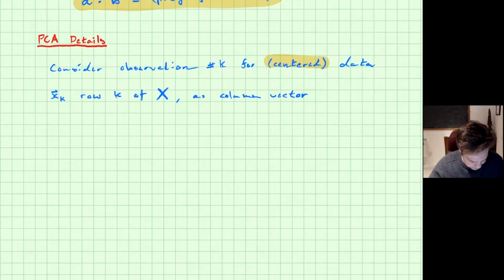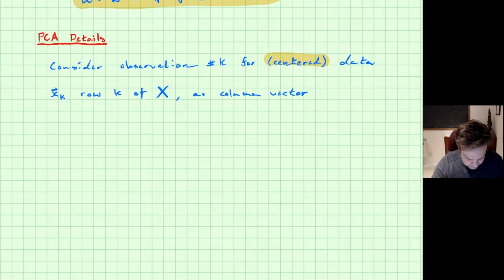Now let's draw a picture of where this observation lives in data space, or observation space. To make our lives further easier, let's look at the two-dimensional case, the bivariate case. This just helps us to draw things.